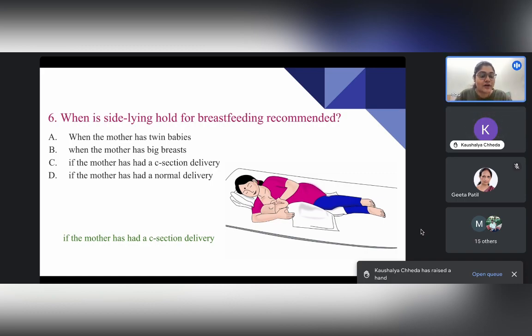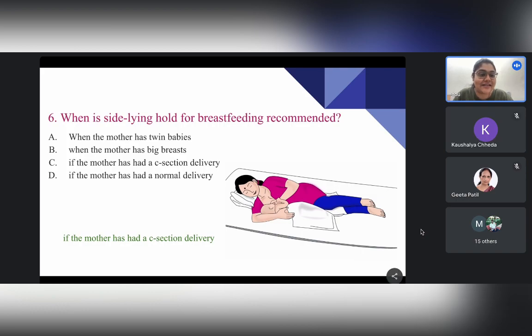Okay. Of course, people who are practicing in the field, definitely you will be knowing more, and I will be very happy to take suggestions from you all. What I meant when I mentioned breast crawl is that since a lot of other people had raised this question, there are definitely measures by which mothers can start breastfeeding even after a C section delivery. That is the reason why I mentioned it, but thank you for the information. Ma'am, actually it was there in our video. Okay.